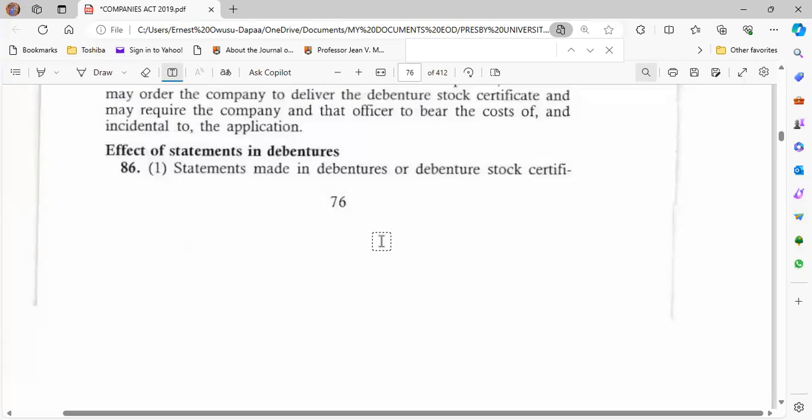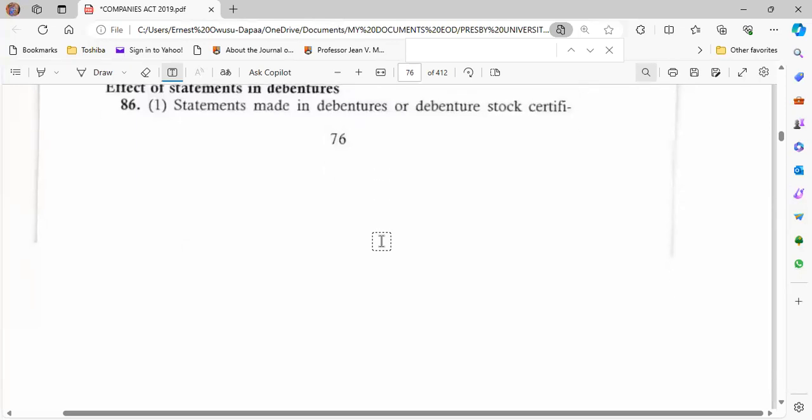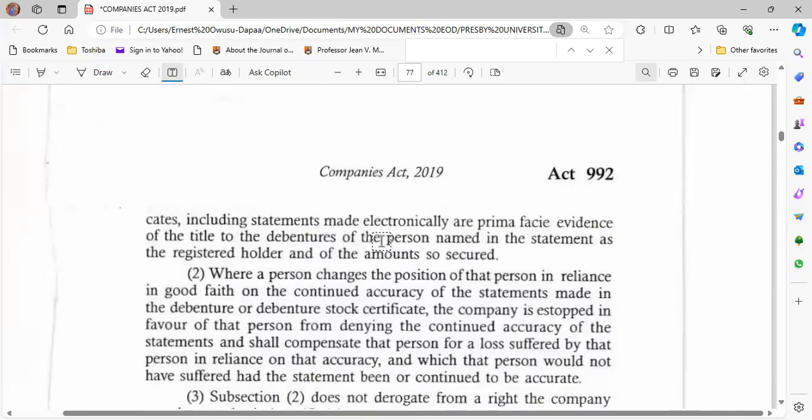Section 86 makes the point that statements made in debentures or debenture stock certificates, including statements made electronically, are prima facie evidence of the title to the debentures of the person named in the statement as a registered holder and of the amount so secured.